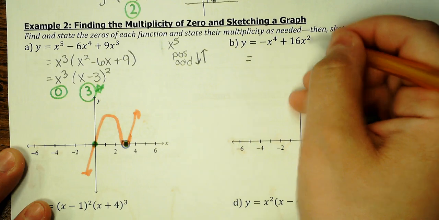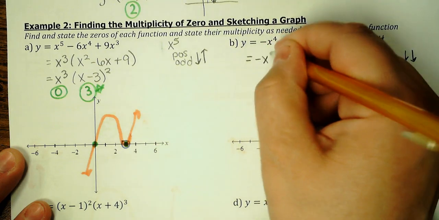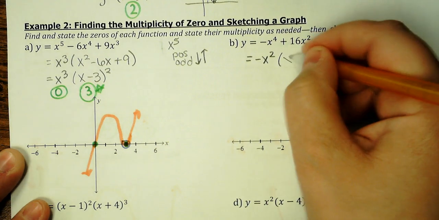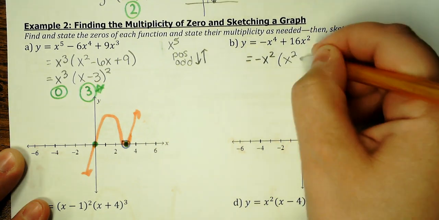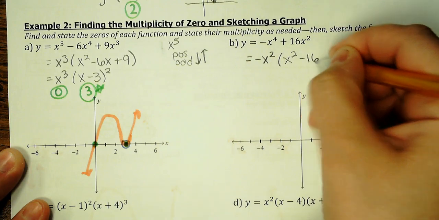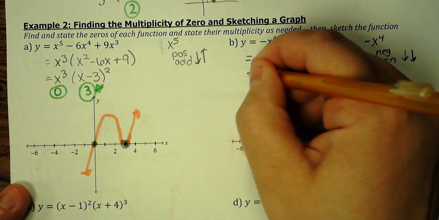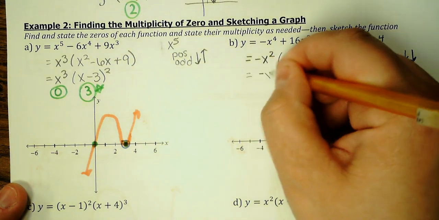So I have at least x squared, but I'm going to factor out negative x squared when I do that. Now, that'll change that first term to x squared, and this will become negative 16. So the reason I'm doing that is because what's left over in the parentheses will be easier to factor. So, factor out a negative if your leading coefficient is negative and you're trying to factor. Alright, so this is negative x squared.